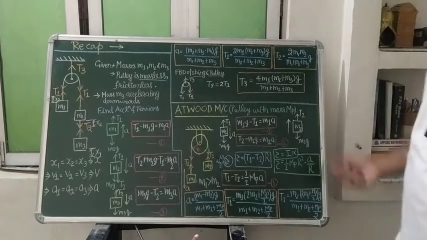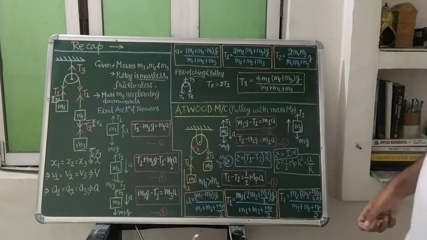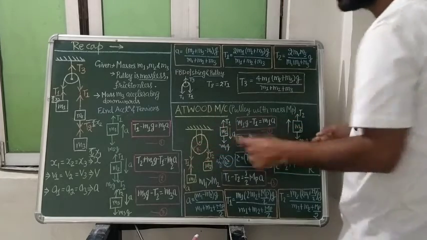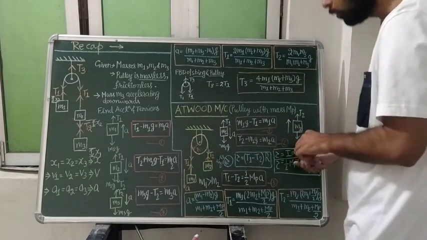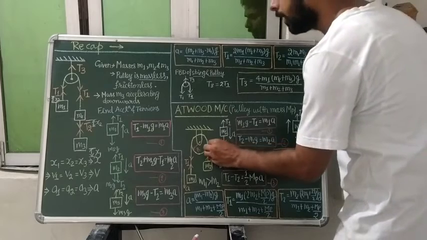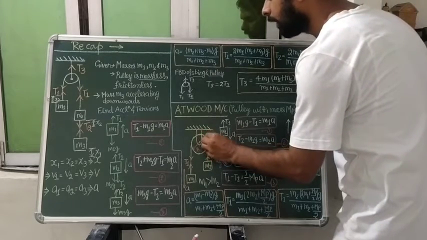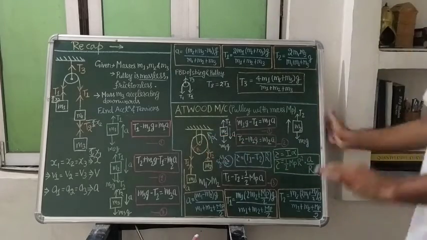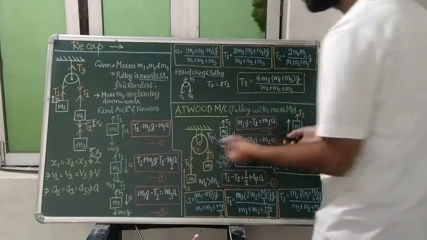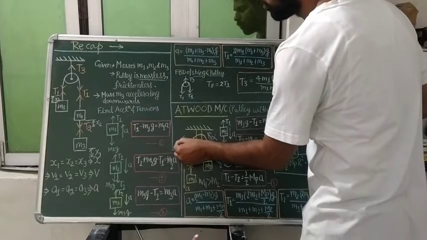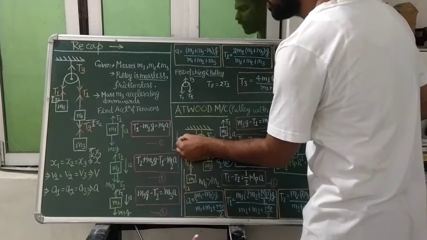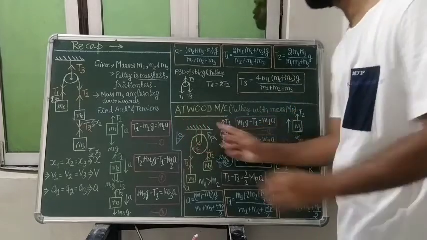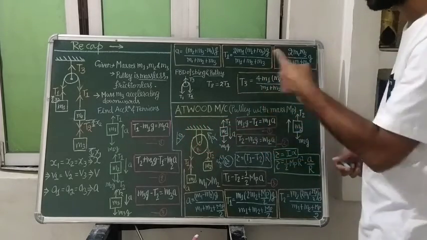Next we shall look, student, at these two equations. Due to the rotation, since we are considering the mass of the pulley, when any body rotates it will have some angular acceleration. A body is rotating, so theta is there: angular displacement, circular motion you can say.